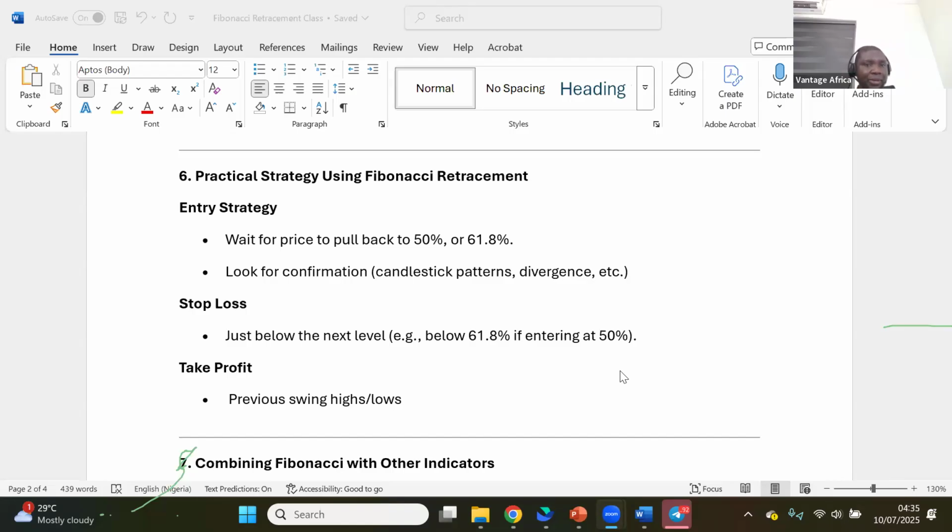That's for an uptrend. Then the next thing you want to do is wait for confirmation before you buy. When price gets into that 50, 61.8 level, before you hit the trigger, you wait for a little bit of confirmation. You want to use a candle pattern or any other strategy like divergence to give you an extra layer of confluence, like we mentioned earlier, an extra layer of confirmation.